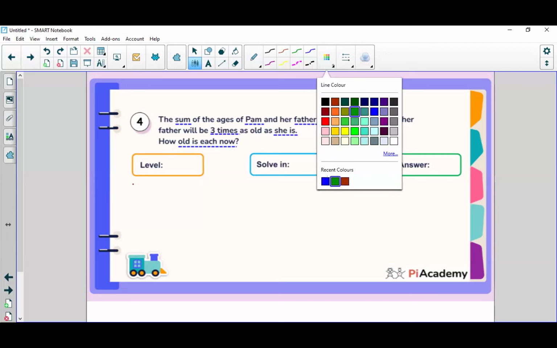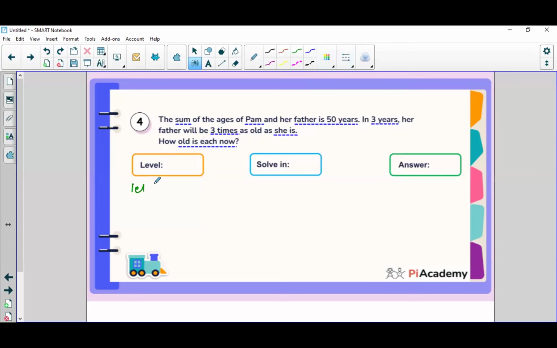So what you can assume here is, let the age of Pam be x years, and let the age of her father be y years.